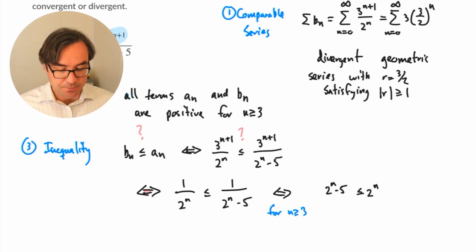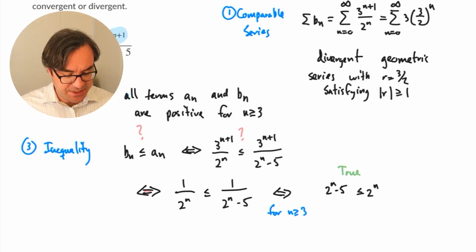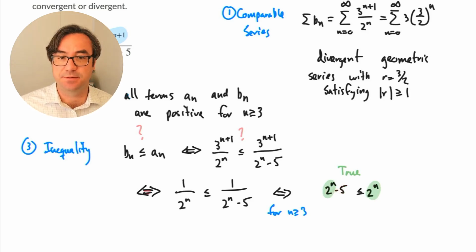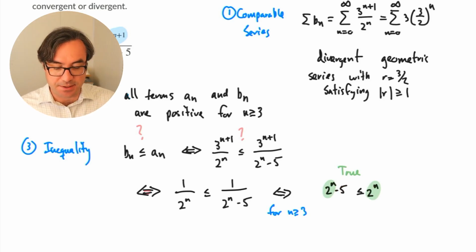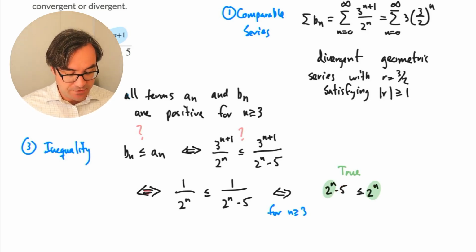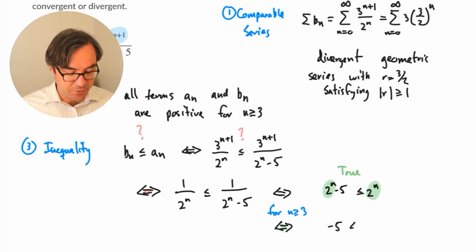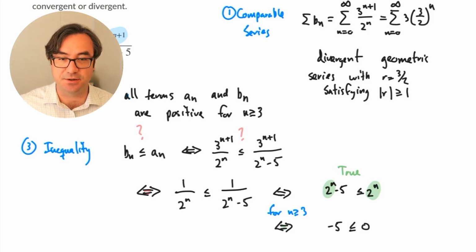And then at this point, this is something I would consider obviously true. So what do we have? We have the same number showing up on both sides, but on the left side, we're subtracting a little bit from it. And if you really wanted to be precise here, you could go a little bit further and subtract 2 to the n from both sides, and then you end up with negative 5 is less than or equal to 0.